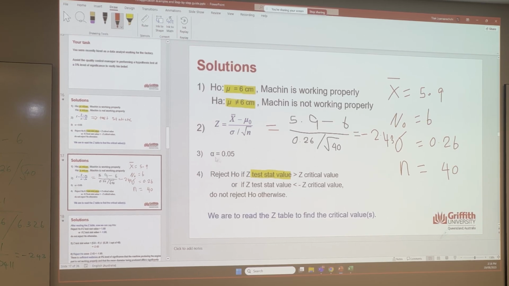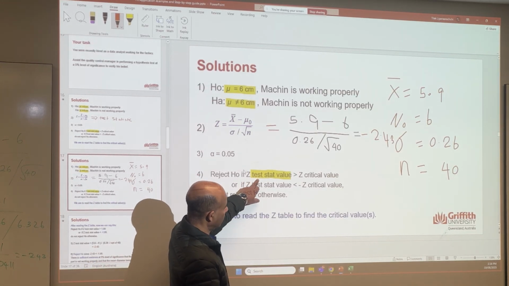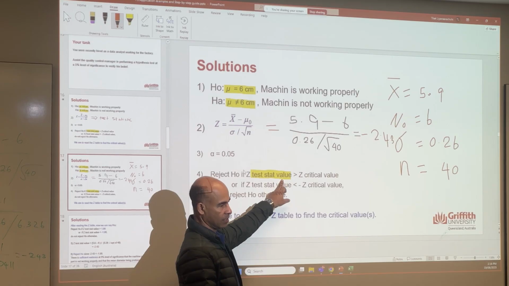Step 3, I'll tell you why 3 is important. Now go to the rule. The rule is you reject H0 if your test statistic is bigger than the critical value.